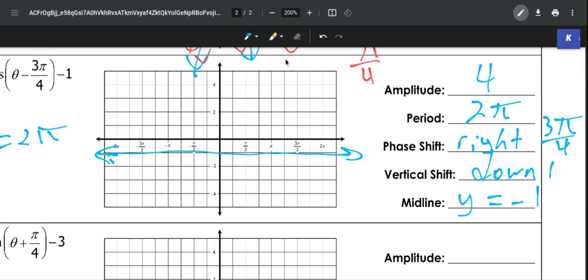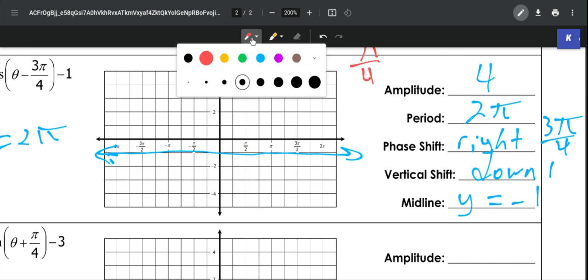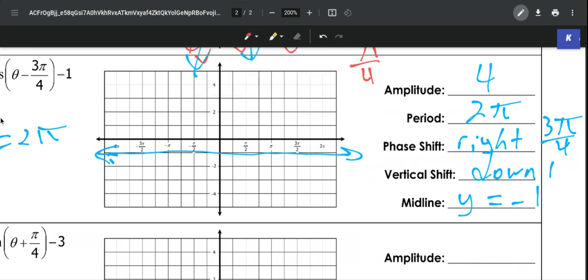Now, our amplitude is usually what we do next. Here's what changes. This amplitude is no longer at y is equal to 4 because we changed our horizontal axis. Now it's going to be 4 units above this line and 4 units below this line. So you're going to start at this line and go 1, 2, 3, 4.